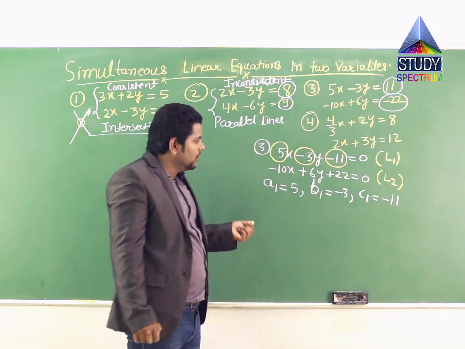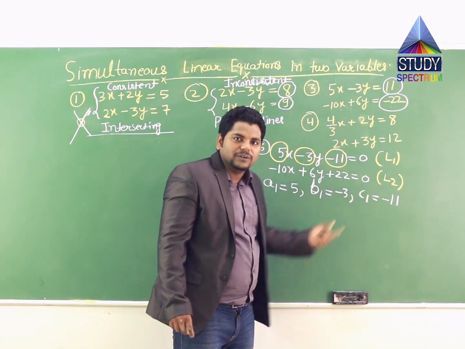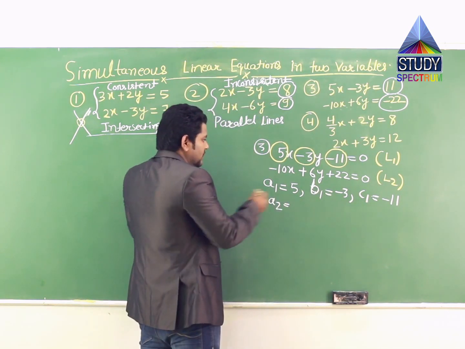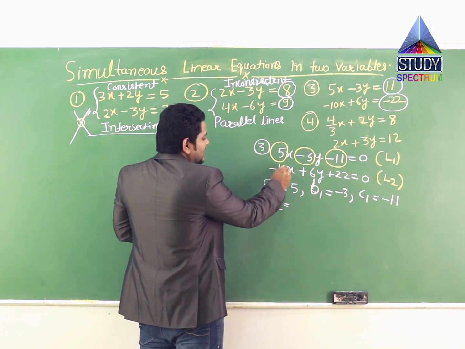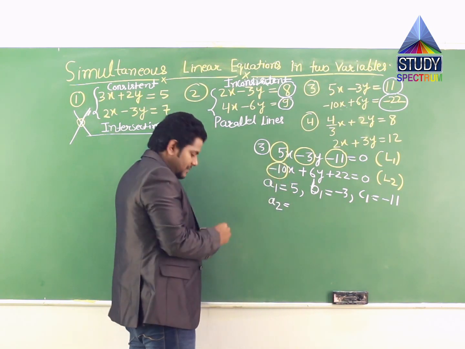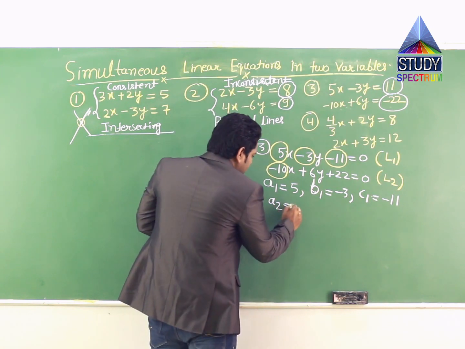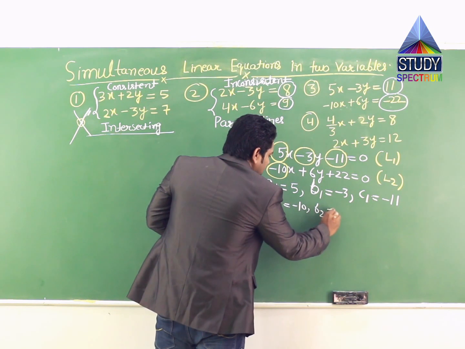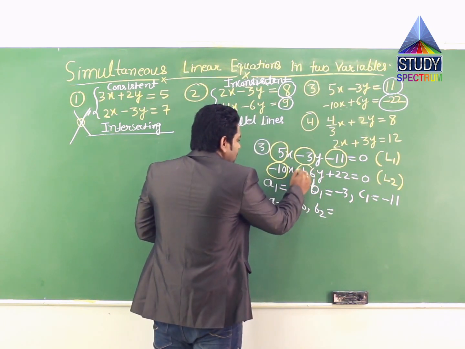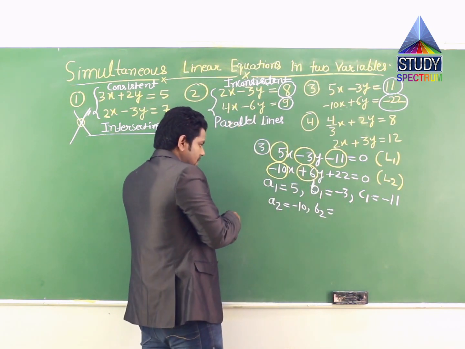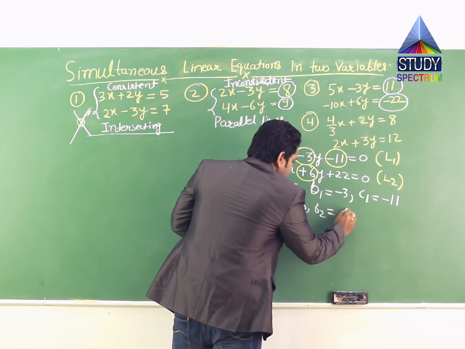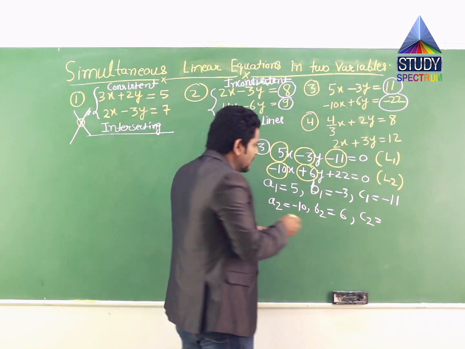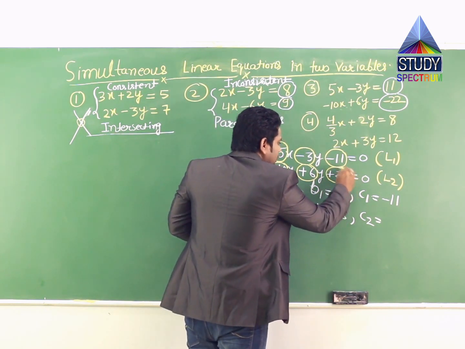Now come to line L2. A2 is minus 10, B2 is plus 6, and C2 for line L2 is plus 22.